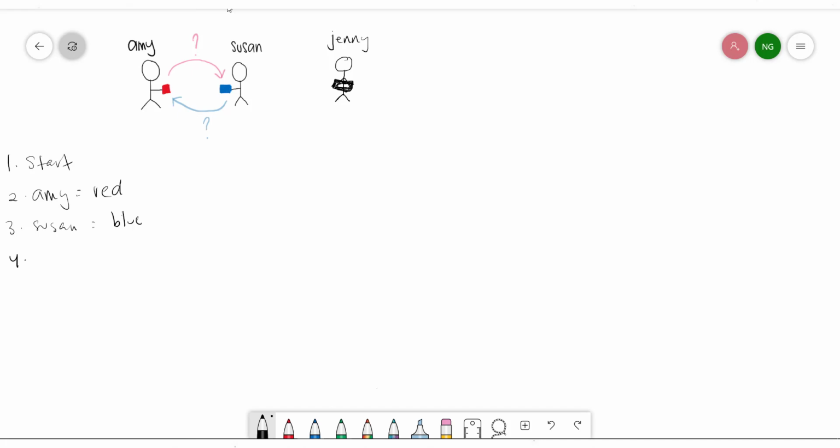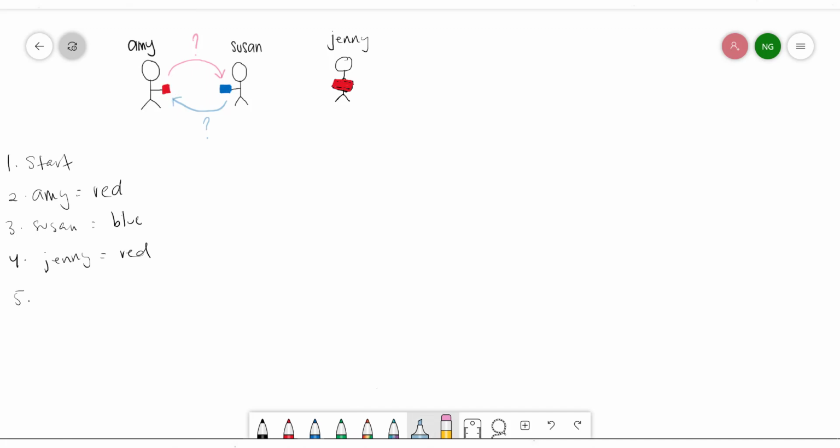When we tell Amy to give Jenny the red box, Jenny will now hold the red box. Since Amy gave it to Jenny, logically Amy doesn't have any boxes in hand.